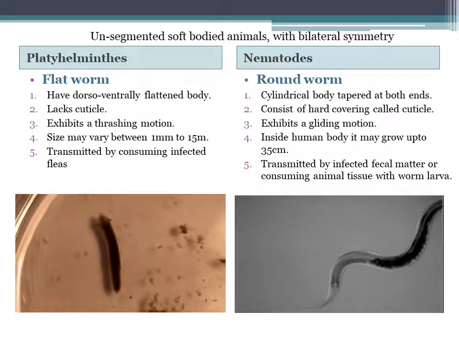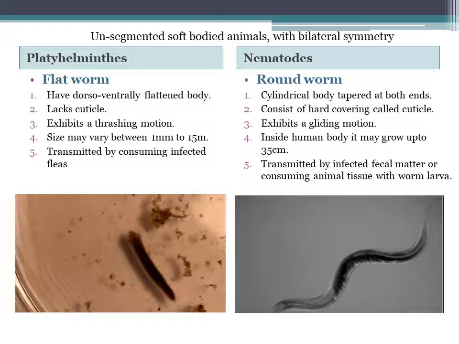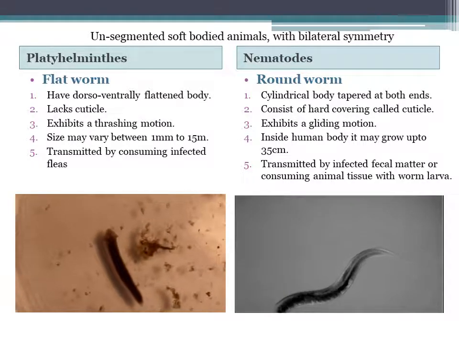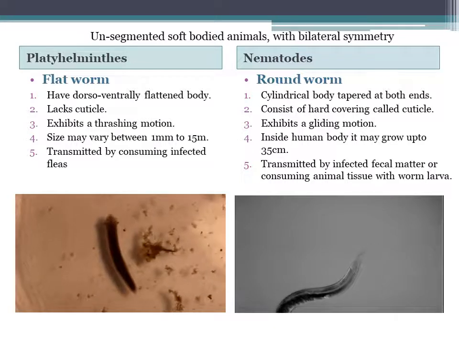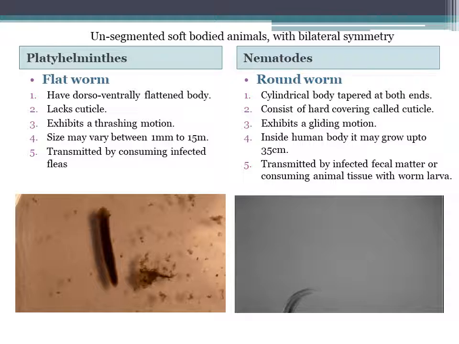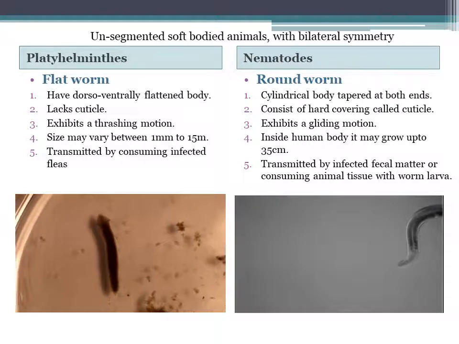Okay, so they are unsegmented, soft-bodied animals with bilateral symmetry. In that, based on your syllabus, there are two groups listed. One is flatworms belonging to the phylum Platyhelminthes, and next is roundworms belonging to the phylum Nematoda.